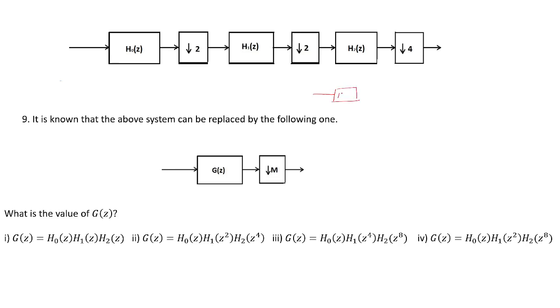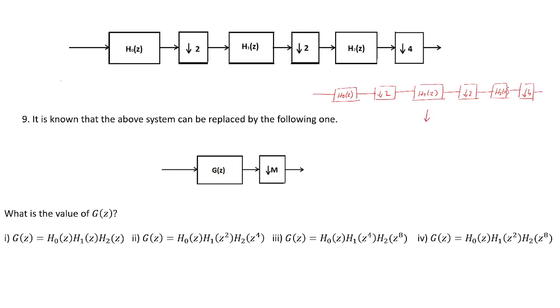This H naught of Z, then downsampling, then you pass it through a filter H1 of Z, then again a downsampler block, then filtering H2 of Z, then downsampling by 4 to obtain the output sequence.